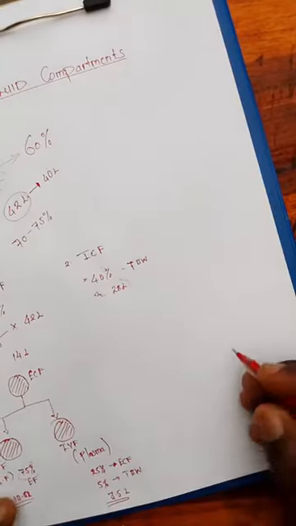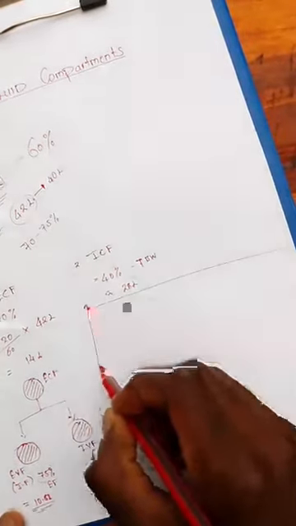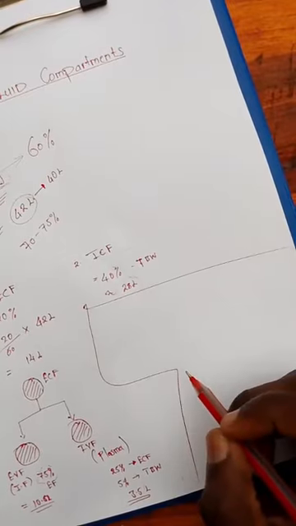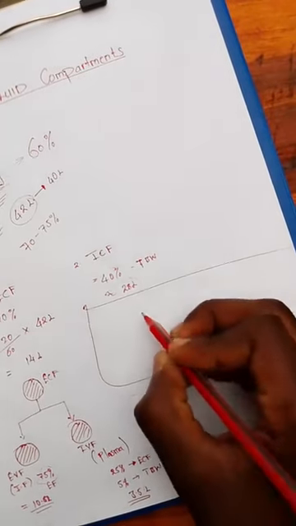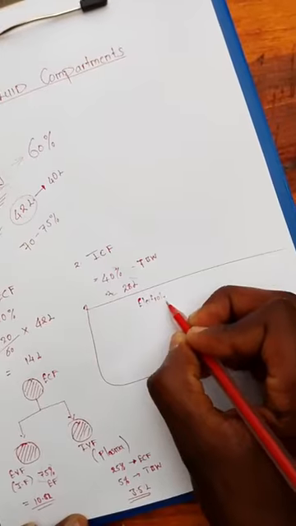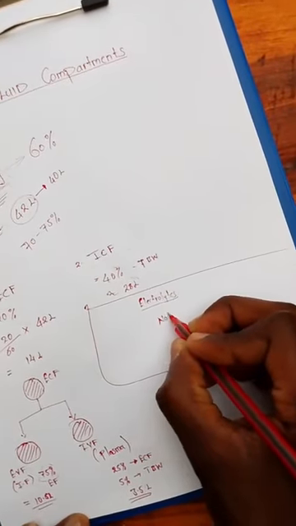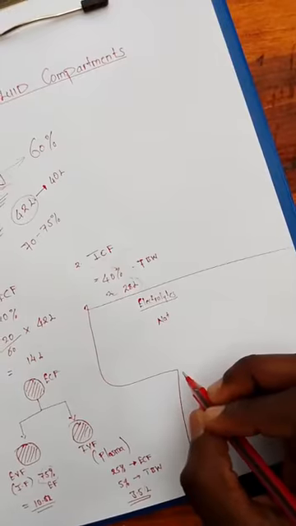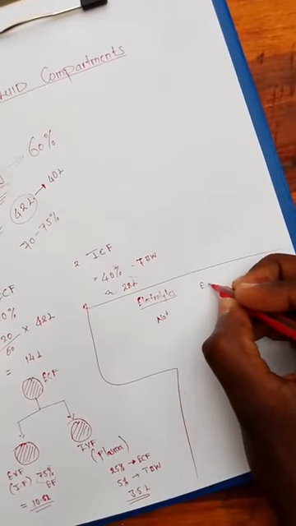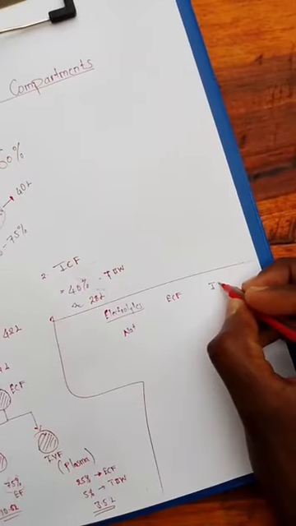So for example, when you talk about the contents in terms of electrolytes, we're going to find sodium, which is Na plus, in the extracellular fluid and the intracellular fluid.